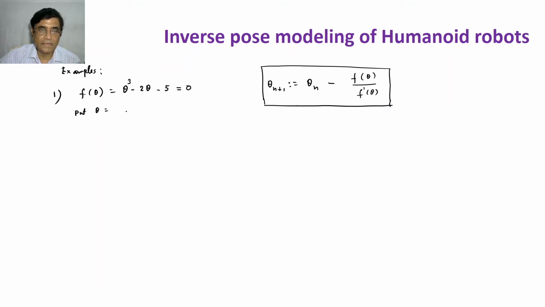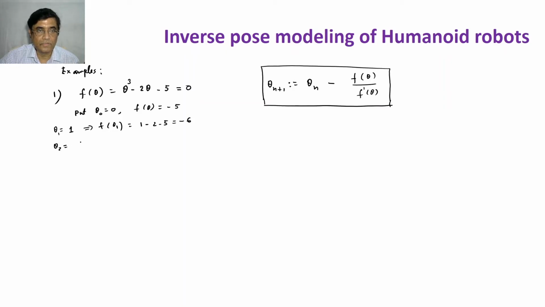theta equals to say 0, then f of theta is minus 5, negative. Put next theta equals to 1. So theta 1 equals 1, and then f of theta 1 equals 1 minus 2 minus 5, equals minus 6. Still it is negative.